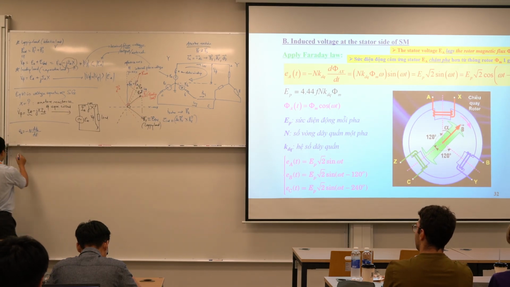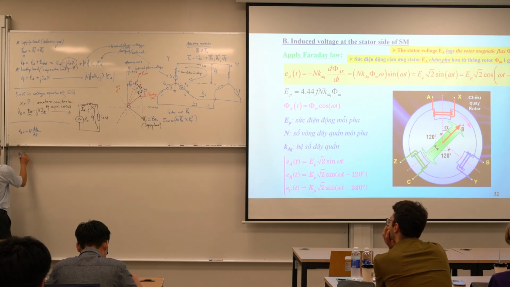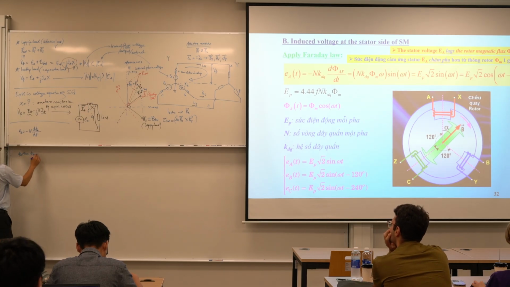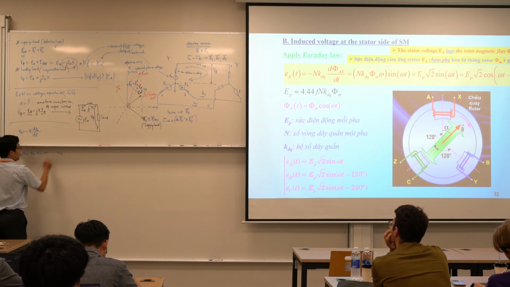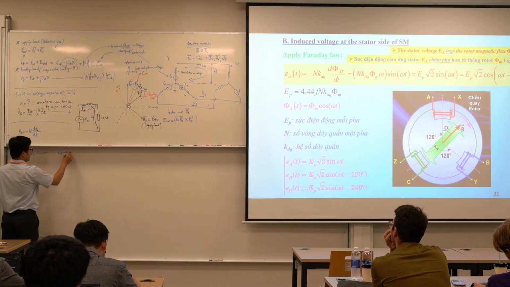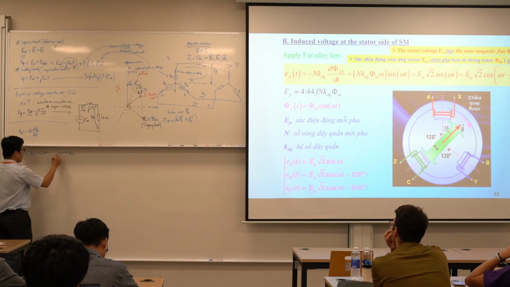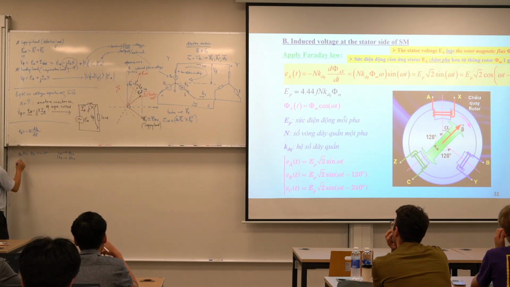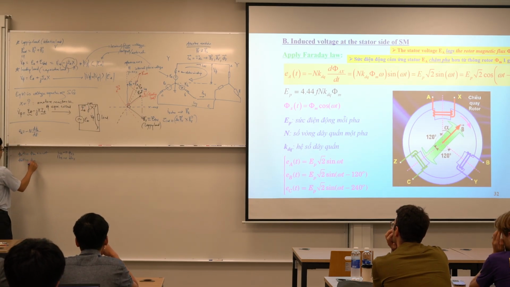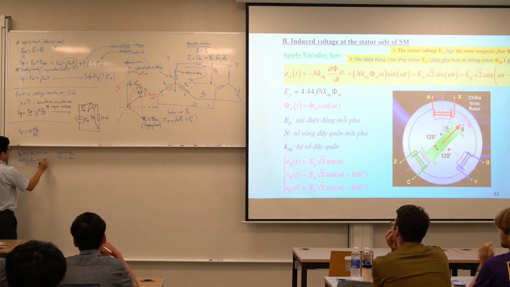This is phi A. So we know phi A. Phi A is phi M sine omega t. So if we have IAS, you can get phi AS. IBS, phi BS, right? So for phi B, it is phi M sine omega t minus 120 degrees.